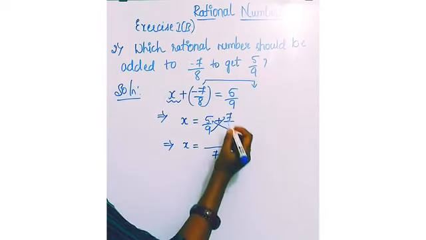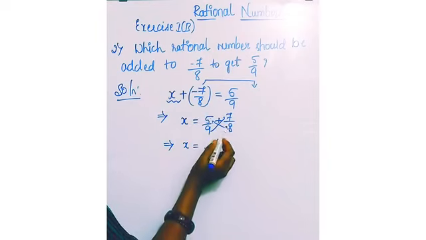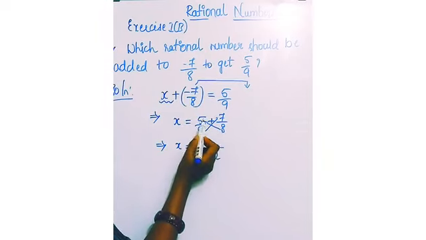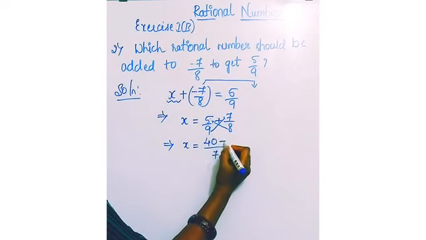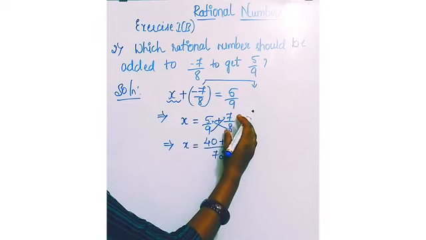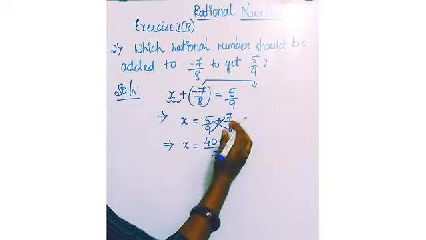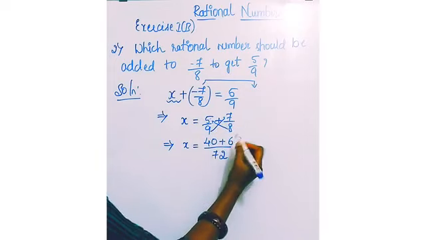Then to get the numerator of the first rational number, you should multiply 8 with 5. 8 5s are 40. The symbol we have is plus, and to get the numerator of the second rational number, we should multiply 9 with 7. 9 7s are 63.